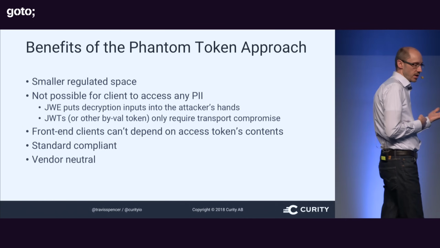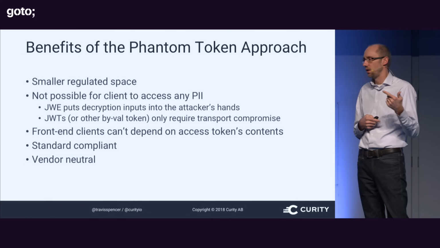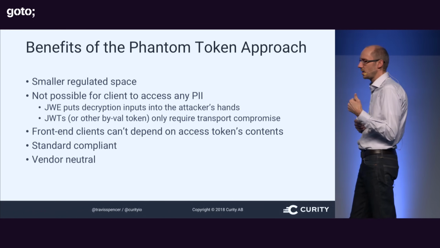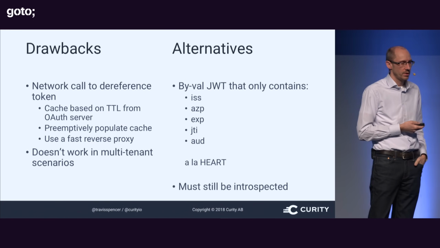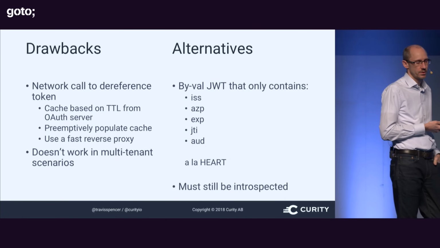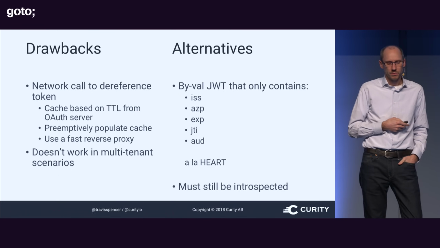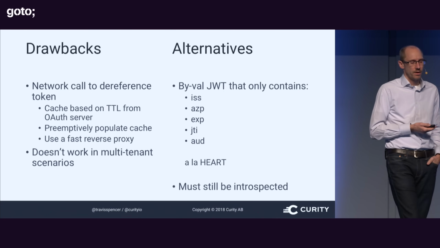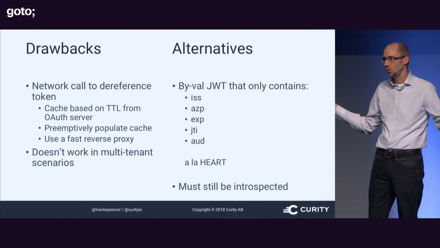This pattern is standard compliant, so it uses OAuth or OpenID Connect, and then it uses introspection, and it's vendor neutral. Drawbacks: we got the network call for dereferencing the token. I would say that's not really a big problem because we can cache the token, and the token is globally unique because it's a GUID.